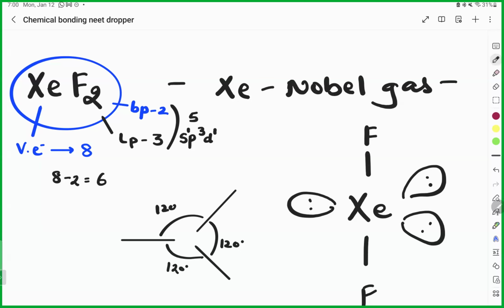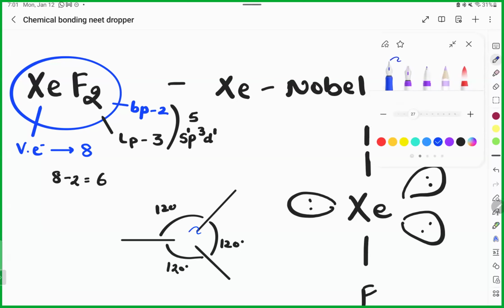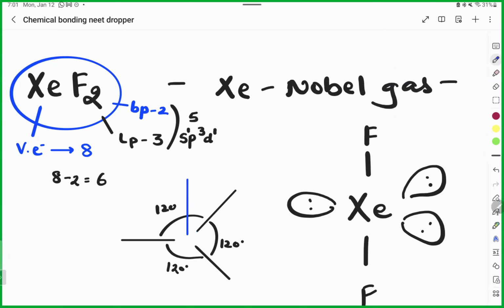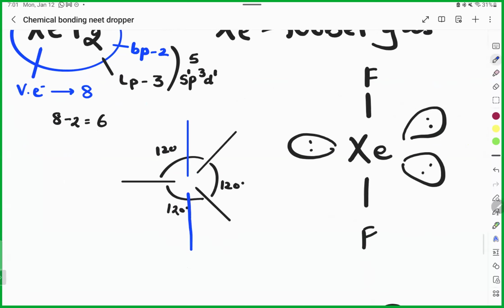On your hand, you have 3 pens together, each at this angle. Then you take one pen above, perpendicular, and one pen below, perpendicular. So it will be one up and one down.